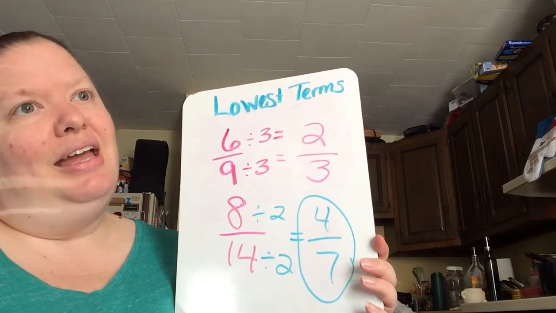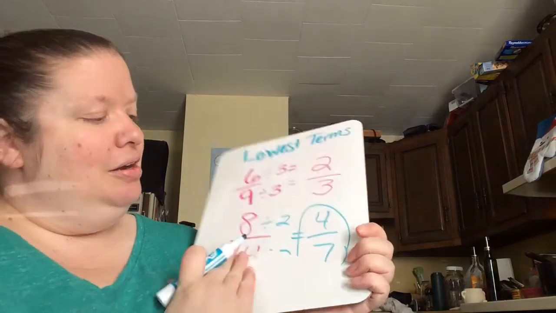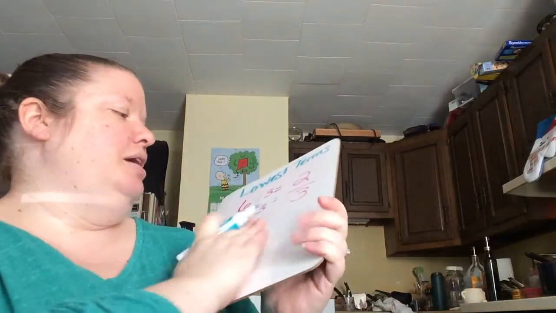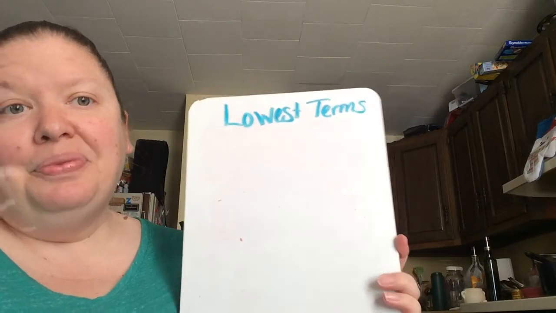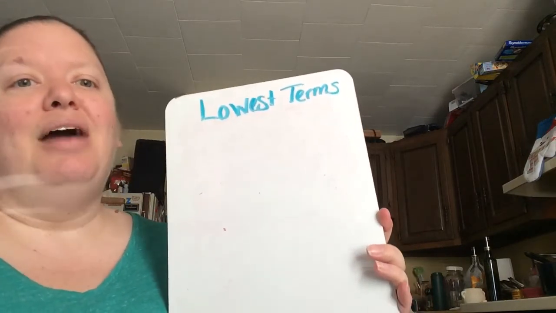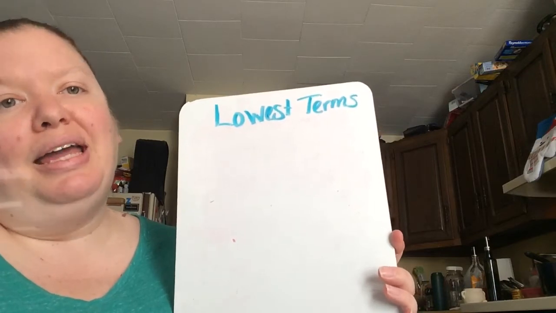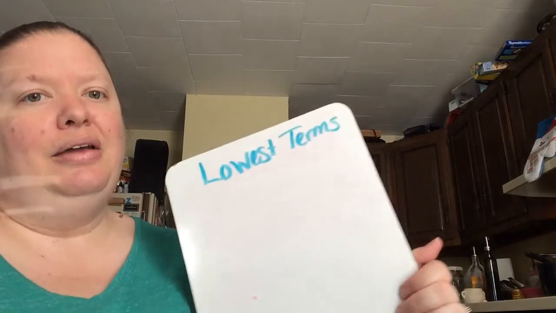You heard me say they have nothing else in common. So that's where the common factors that we talked about in the last video come into play. You can find the greatest common factor of two numbers, and that would be the number you would divide by to get lowest terms. Okay?